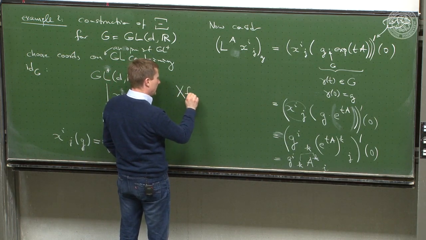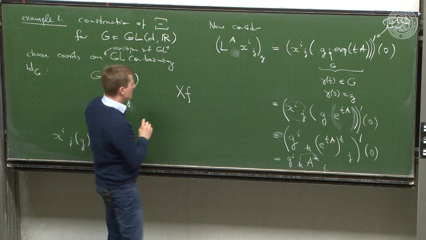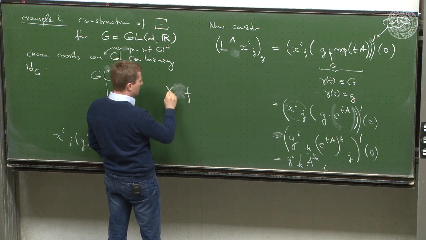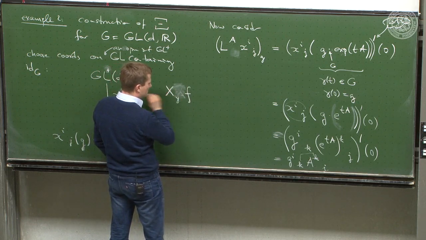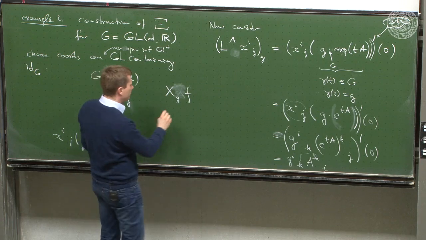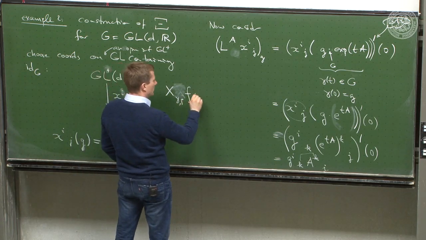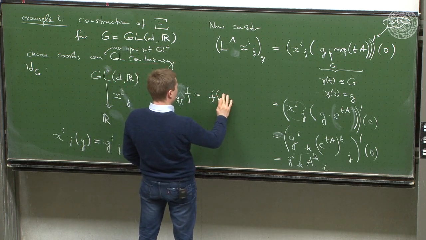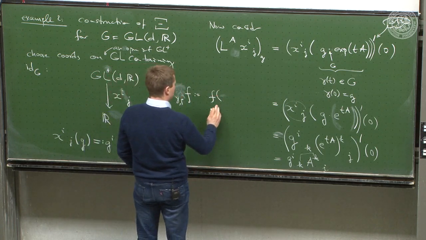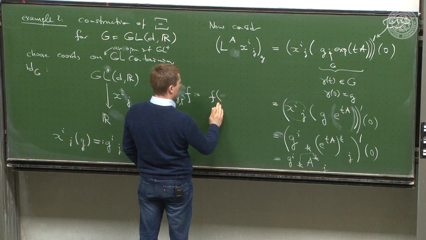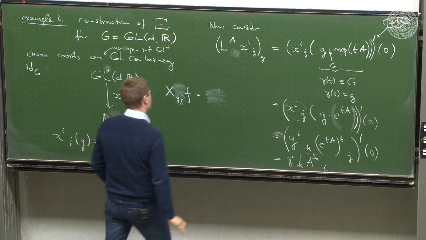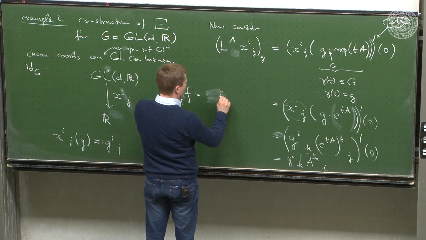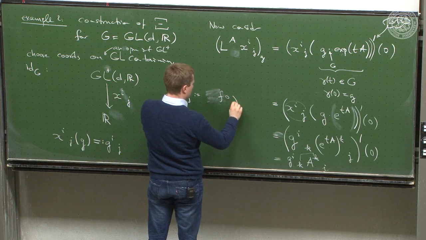So the point is the definition of a vector, where the vector is understood, and that's what we do here, as the vector tangent to a curve at a point P, that is f after gamma.